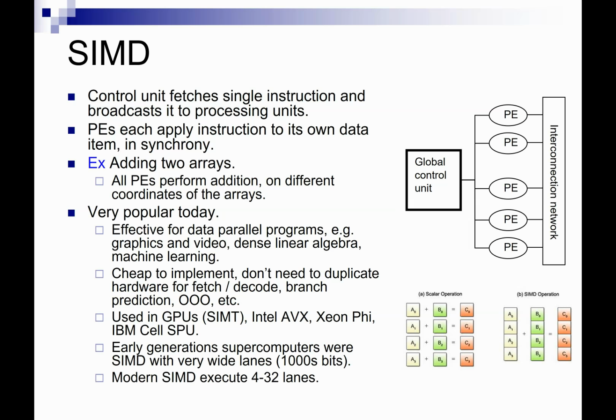In fact, the very early generation supercomputers were basically just a very large SIMD processor. Those computers could do the same instruction on thousands of bits at the same time, so they had very wide lanes. Whereas for modern SIMD, we're not going to operate on thousands of pieces of data at the same time. We might operate on something like 4 to, let's say, 32 pieces of data at the same time.